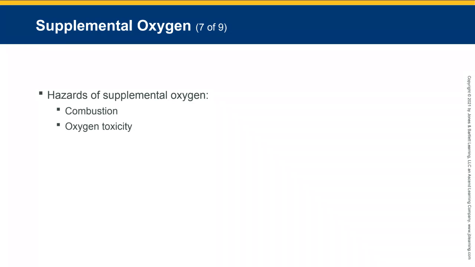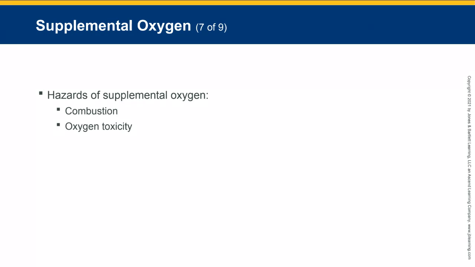Surfactant is important to the pliability of the alveoli. It's what allows the alveoli to have that elasticity and promotes the permeability within the alveoli so that oxygen can be exchanged.